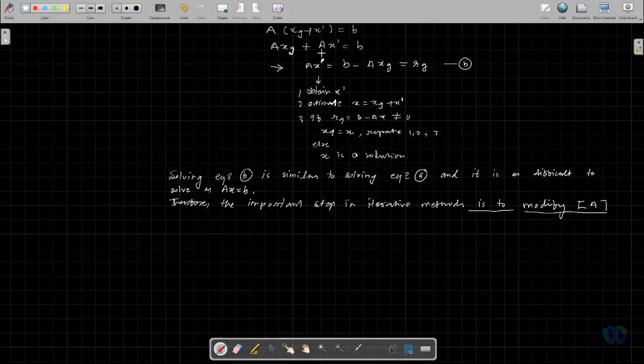We modify A itself, and we have already done this, so that A approximate, x prime is equal to Rg or B, is much easier to solve.